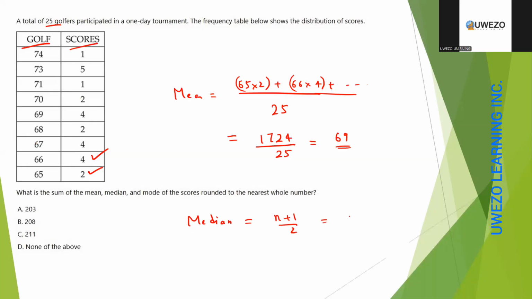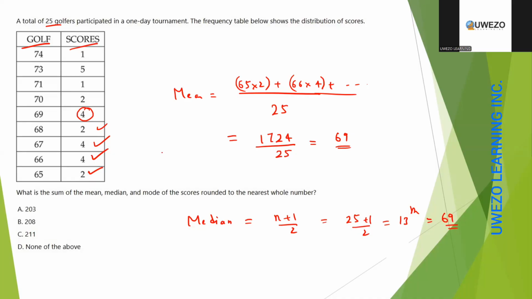So that would be 25 plus 1 by 2, which is the 13th term in the sequence. If you look here, 2, 4, 4, 2, the total values is 12. So the 13th value must be 69 here among these 4 values. So the median is again 69.